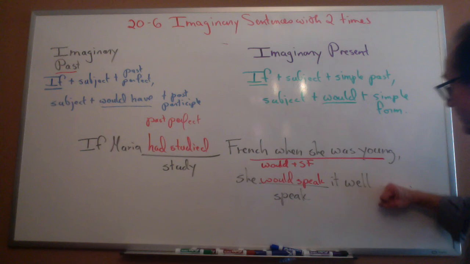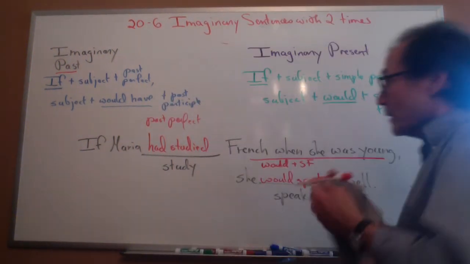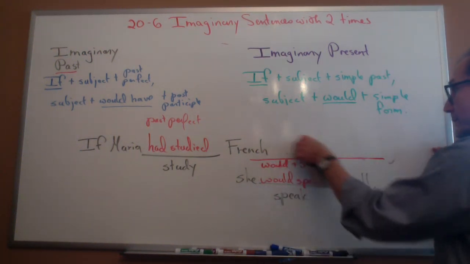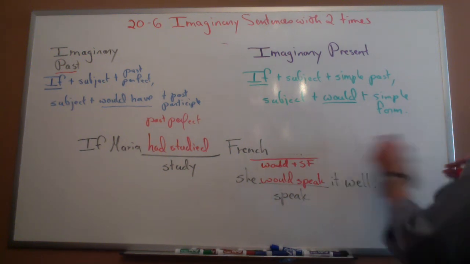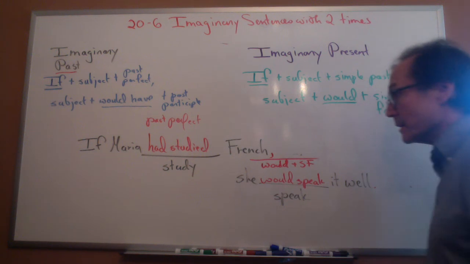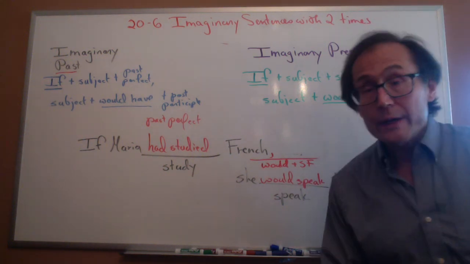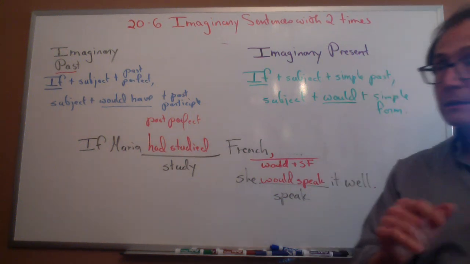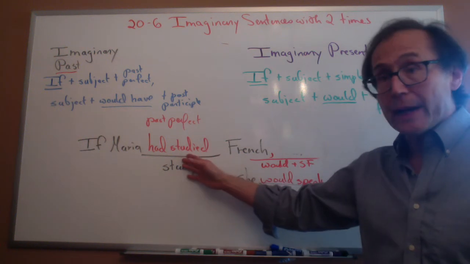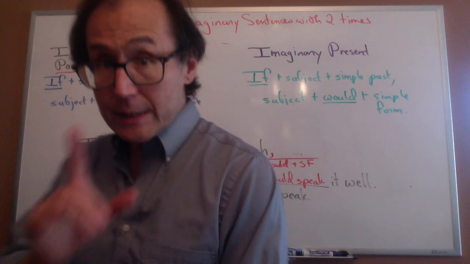I could get rid of now here, and I could get rid of when she was young. And I could say, if Maria had studied French, she would speak it well. When an English speaker hears that, that English speaker knows that this is past and this is present, even without saying the times.